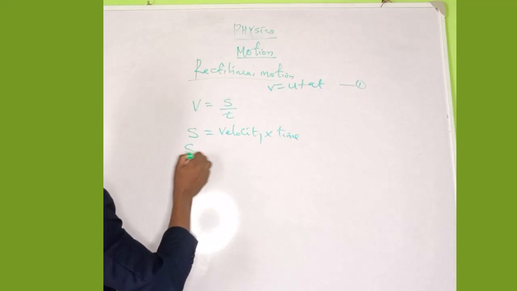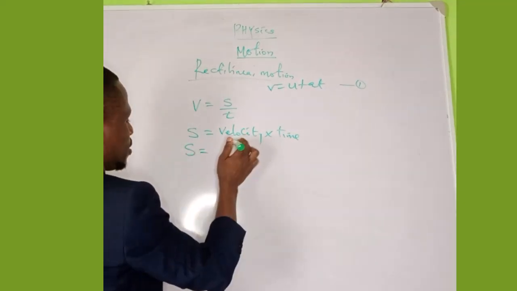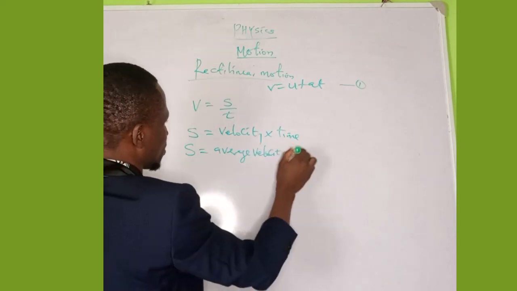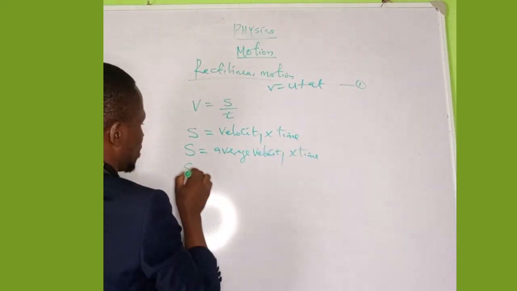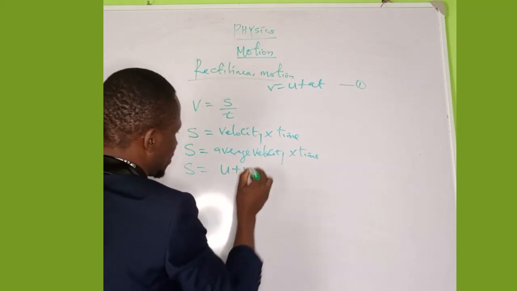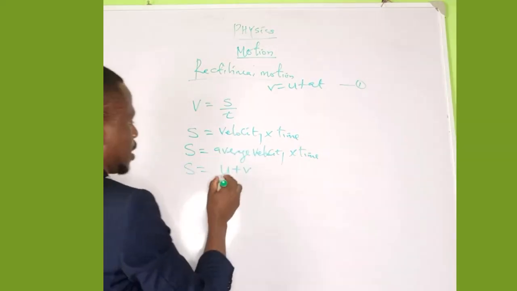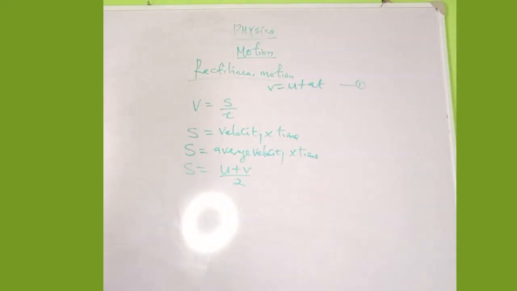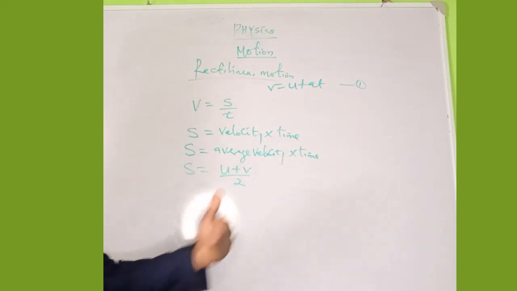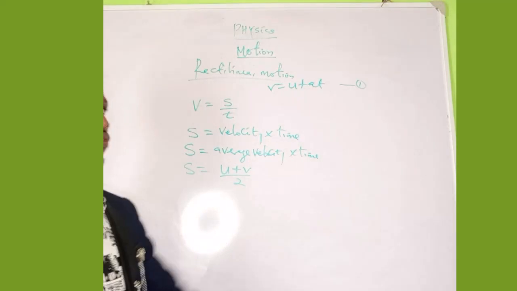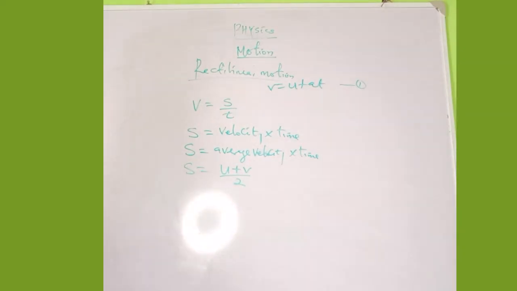So S is average velocity times time. What is the average velocity? Both the initial and the final velocity divided by 2. In a motion, if the motion of a body changes with time, that is acceleration, there will also be change in velocity because of the acceleration.